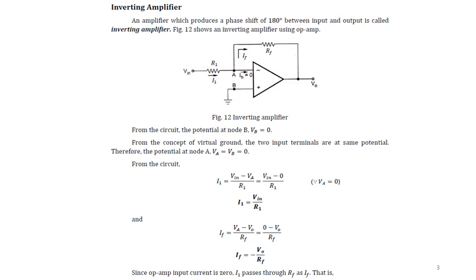Now from the circuit diagram, I1 is equal to Vin minus VA divided by R1. It is the potential difference. What is VA? VA is equal to 0. I substitute that, so I'll get Vin minus 0 divided by R1. Therefore I1 is equal to Vin divided by R1.